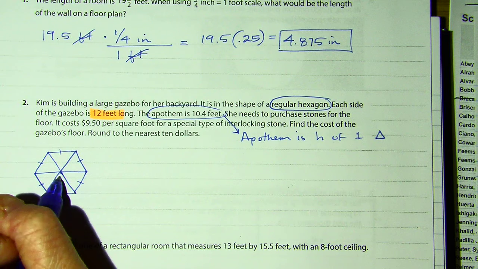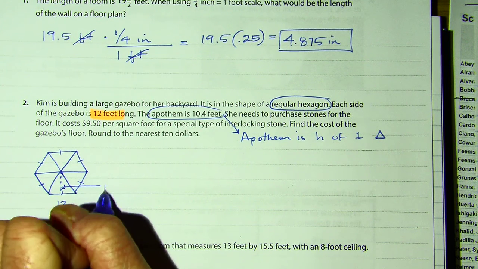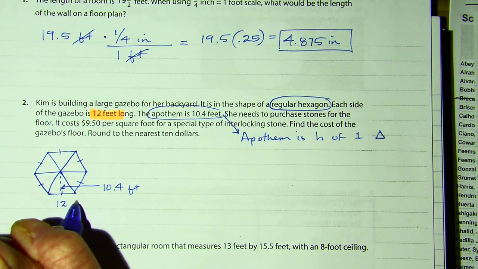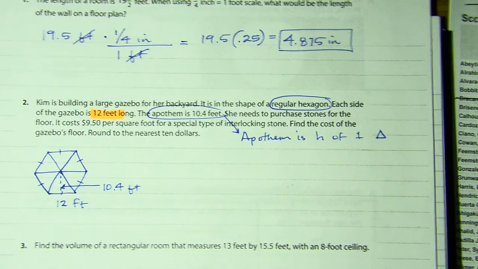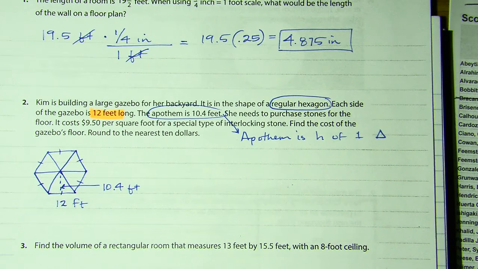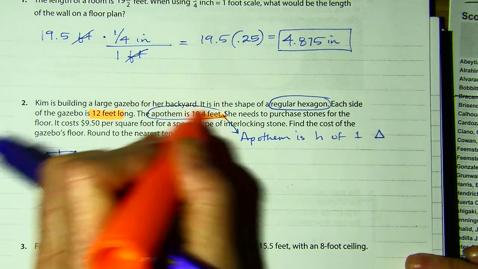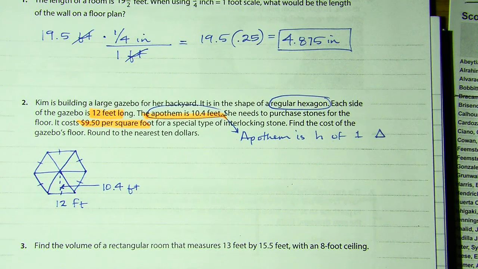And they're telling me that the height, the apothem, is 10.4 feet. So I know the side length is 12 feet, and I know the height is 10.4 feet. Now it says that she needs to purchase flooring. It costs $9.50 per square foot. Find the cost of the gazebo's floor.